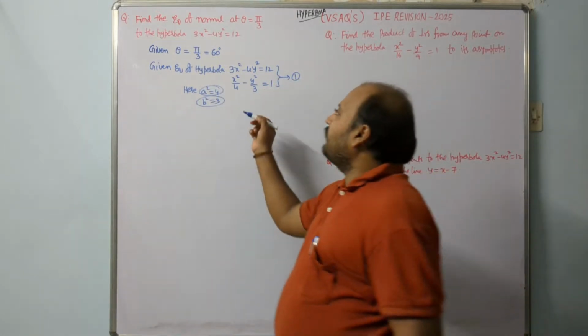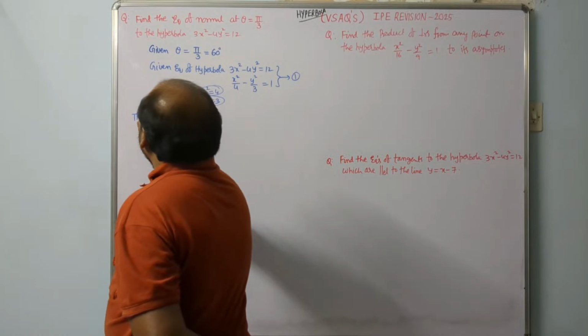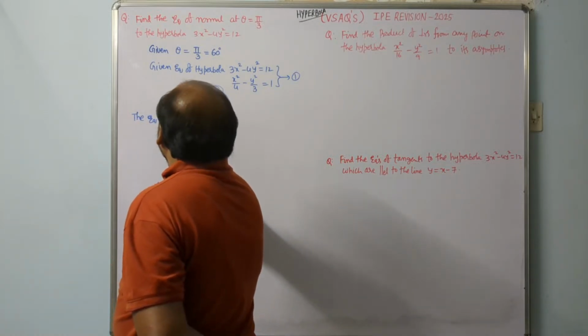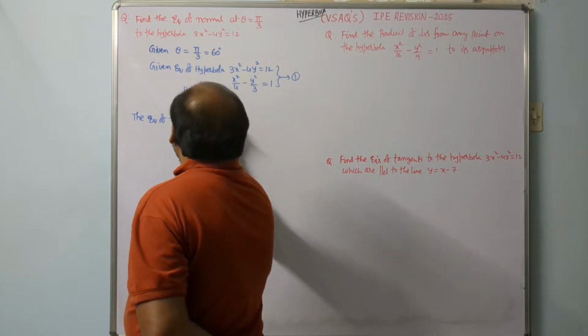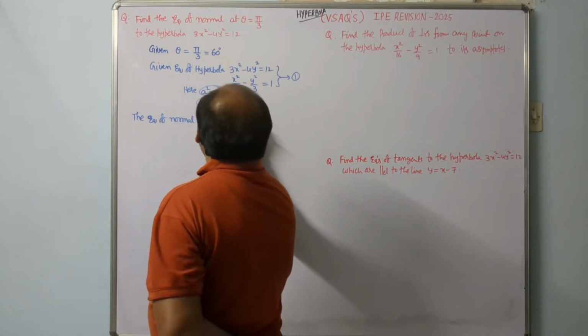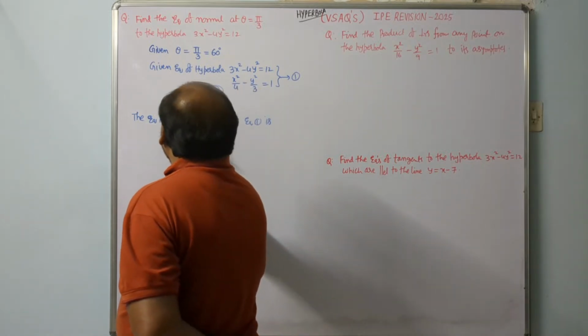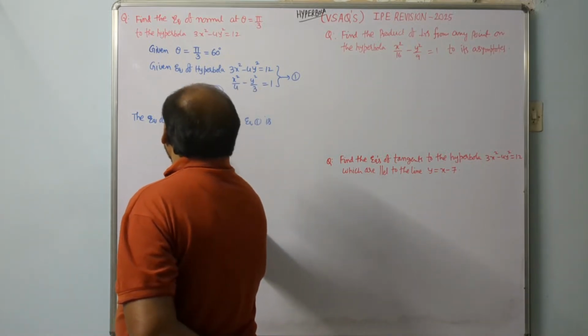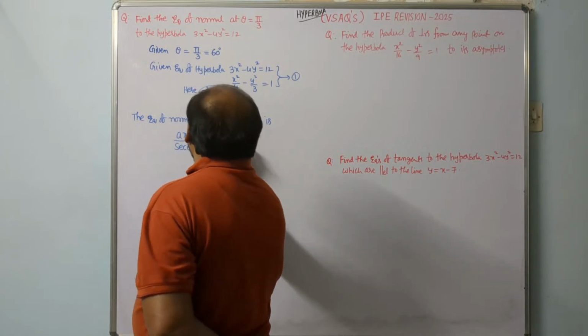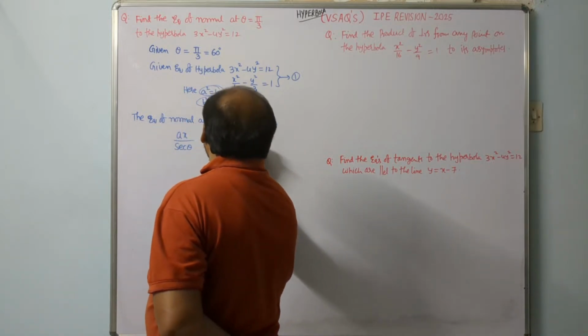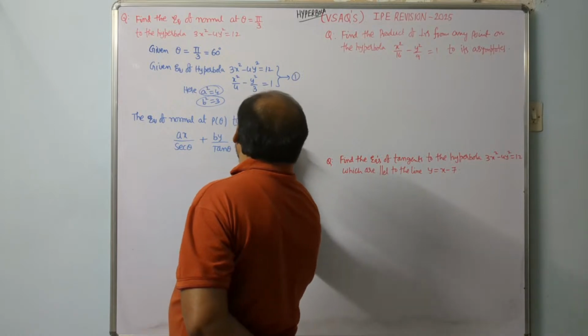Okay. After that, the equation of normal at P of theta, to equation 1 is ax by secant theta plus by tan theta is equal to a square plus b square.